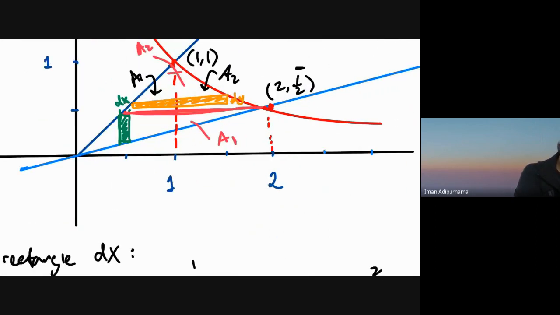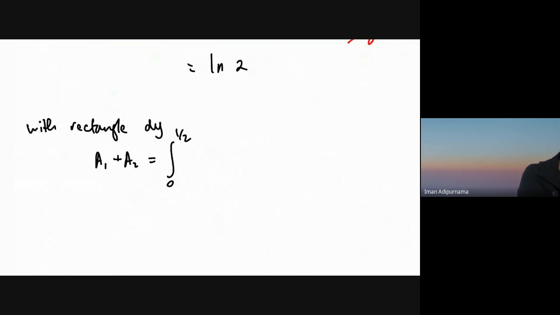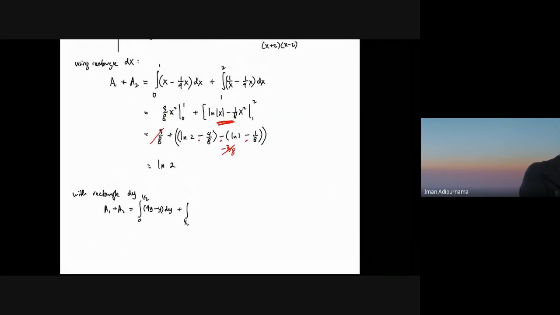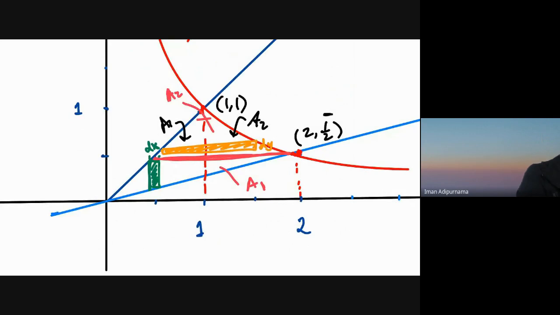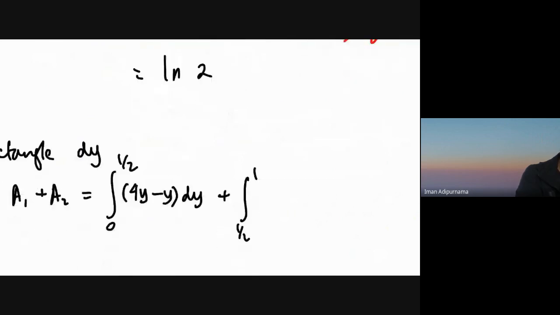So the first one will be 4y minus y dy, plus from half to 1, 1 over y minus y dy.